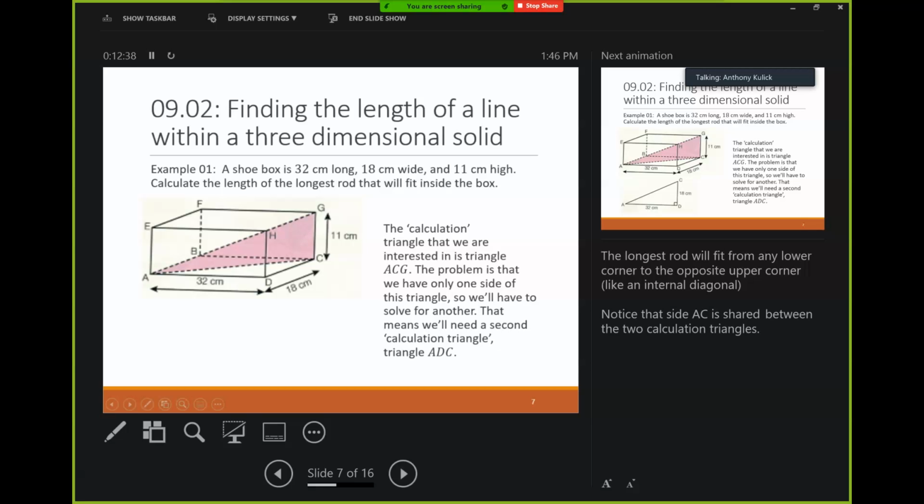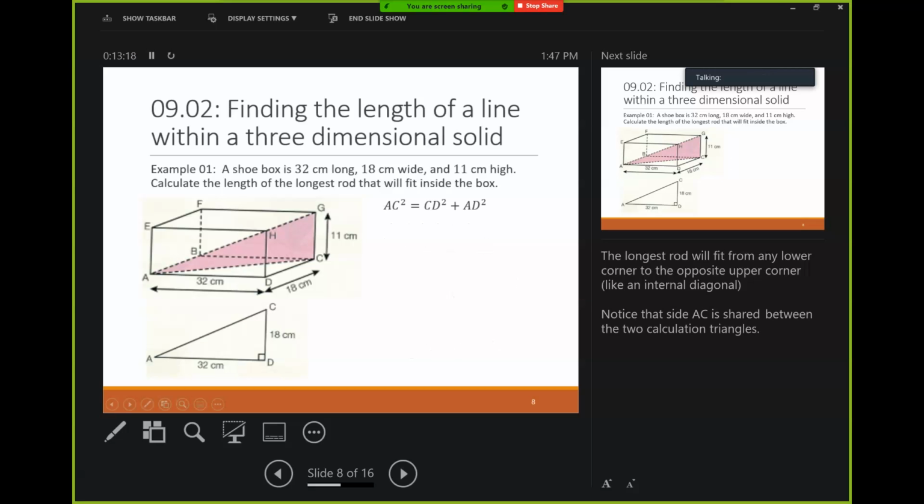Now, the problem with this is the only side of this triangle we know is GC. That's 11. We're looking for AG, but we don't know AC. If we knew AC, we could use the Pythagorean Theorem to find AG, but we don't know AC yet. Is it possible to find AC? Yeah. How would I do that? Yeah, there's a second calculation triangle we could use, ACD, and we use the Pythagorean Theorem there to calculate the length of AC.